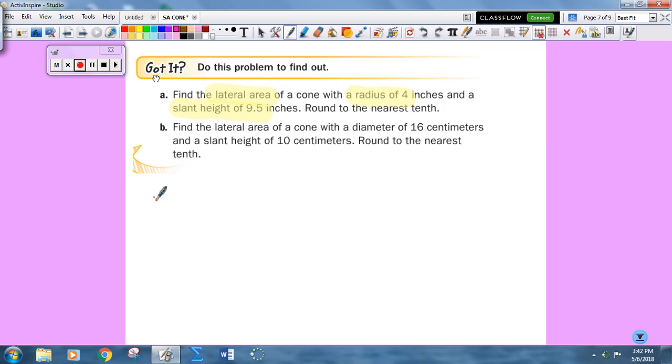So for A, lateral area is pi RL. So it's pi times 4 times 9.5.